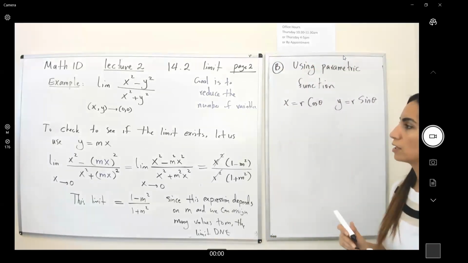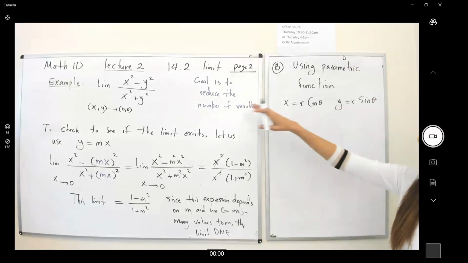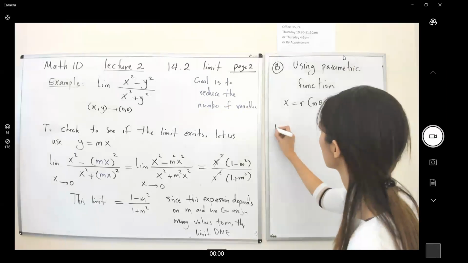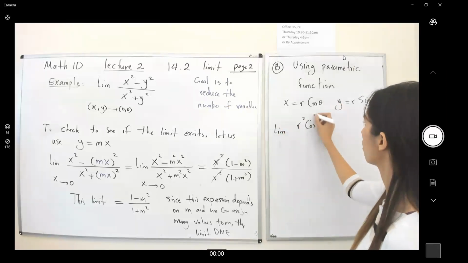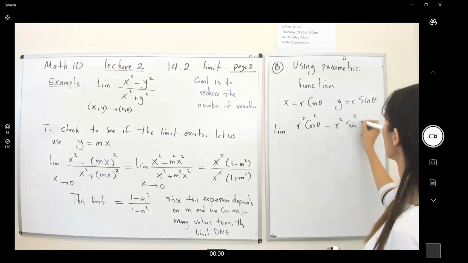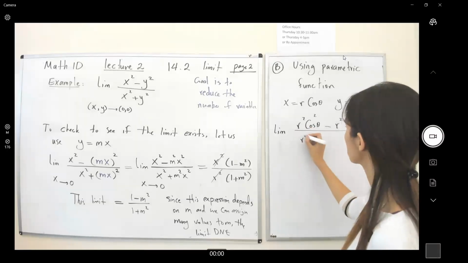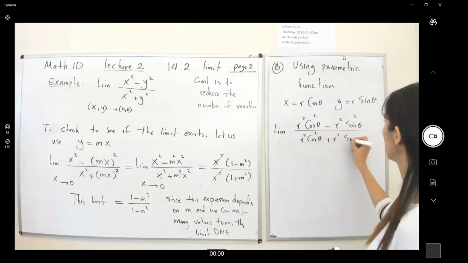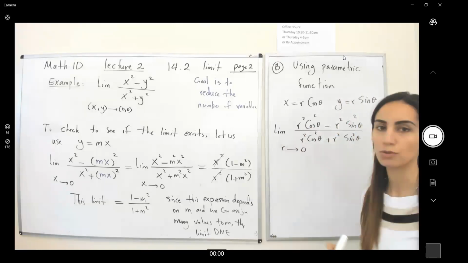So it means that wherever you see x, you write r cosine theta. Wherever you see y, you write r sine theta. So let's take a look at this. You have the limit of r squared cosine squared theta minus r squared sine squared theta divided by r squared cosine squared theta plus r squared sine squared theta, and r goes to 0.